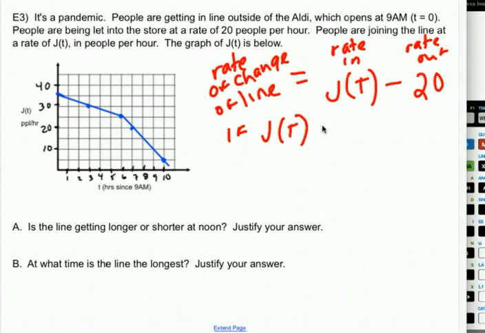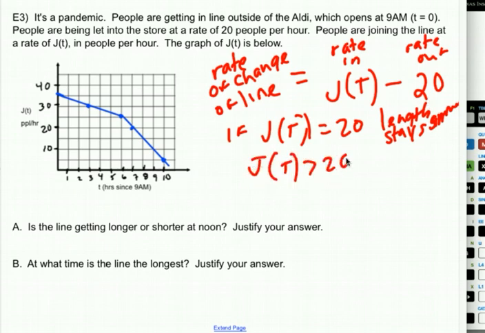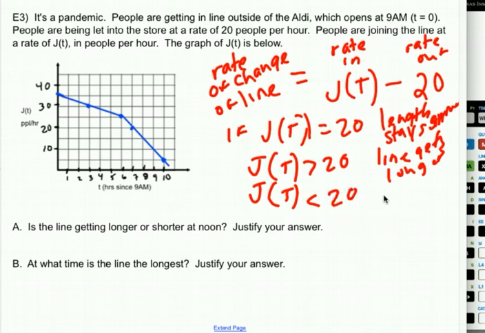So if J of T is equal to 20, the line's not changing. Basically, if J of T equals 20, the length is staying the same, so however long the line is, that's how long it's going to stay. If the rate in is bigger than the rate out, then the line gets longer. And if the rate in is smaller than the rate out, then the line is shrinking.